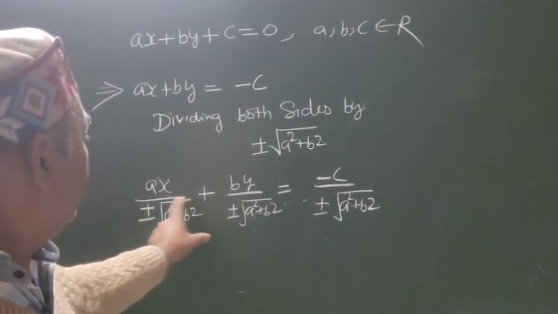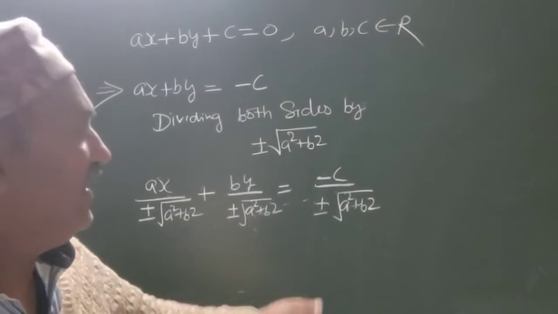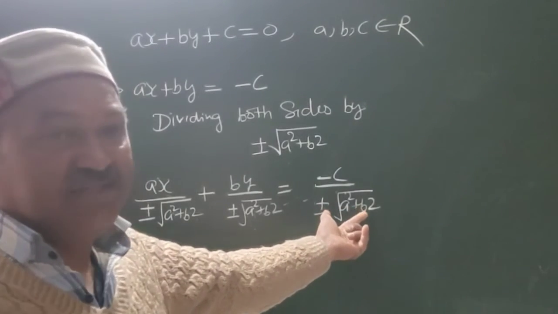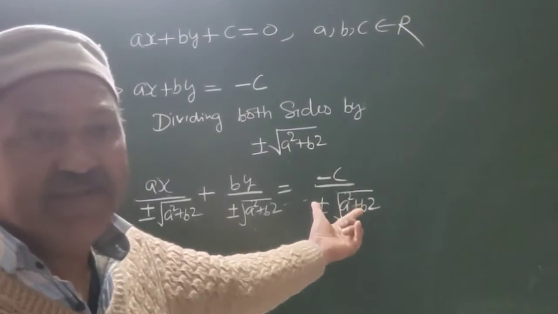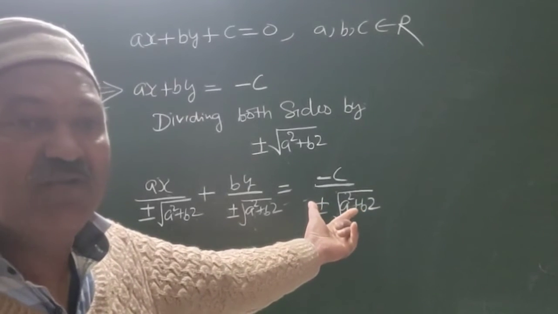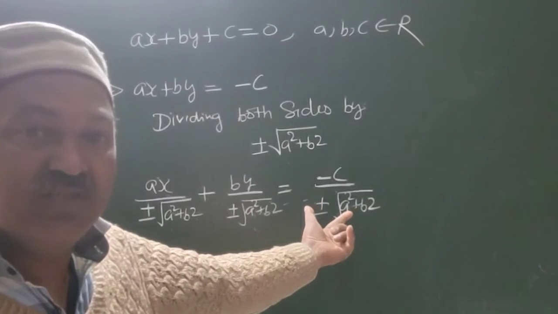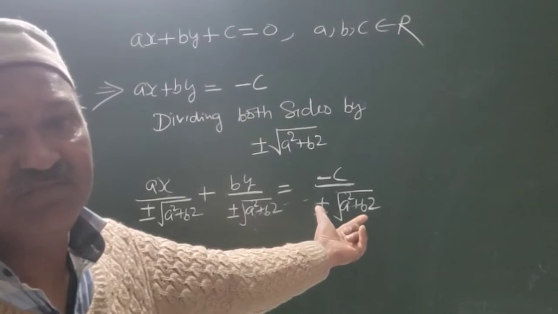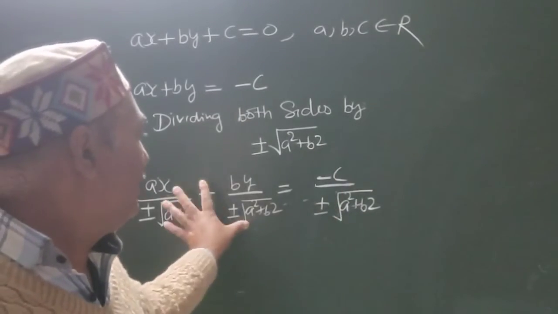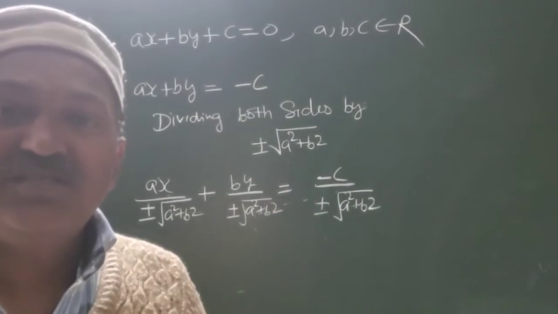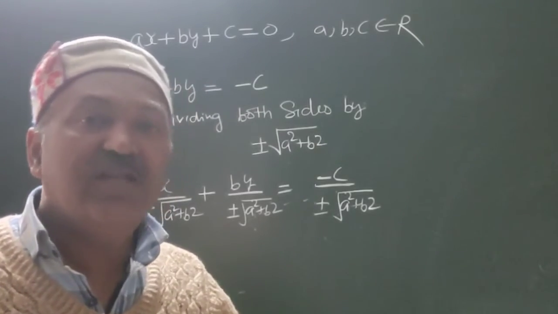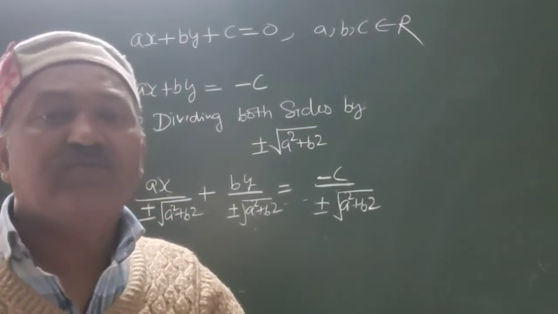It may be plus, it may be minus, as per the decision taken to make the right hand side, which is the perpendicular distance from origin to the straight line, positive. So this is the perpendicular form, and this is the procedure to convert a general equation into a perpendicular form.